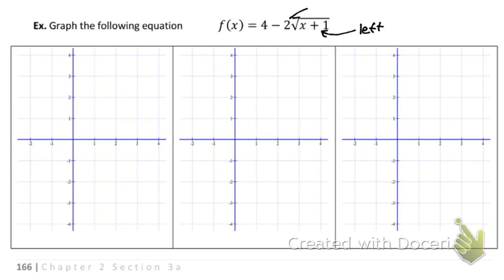This 2 out front is going to be a stretch, because I'm going to multiply those values by 2, which is going to stretch it. This negative down here is going to be a reflection, and it's actually a reflection across the x-axis. And this 4 is going to make it go up, because I'm tacking on a positive 4.